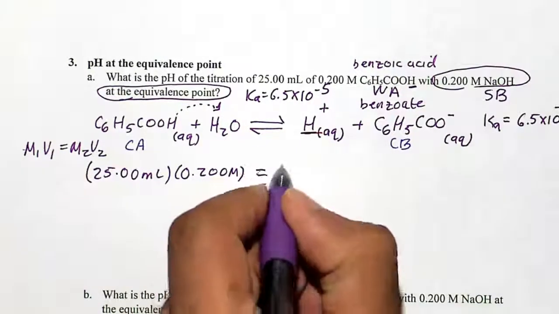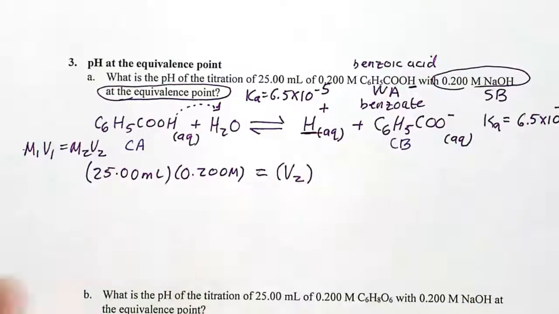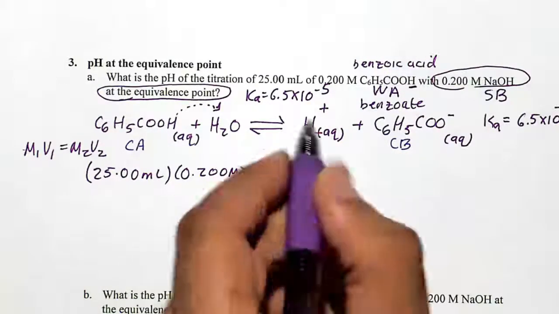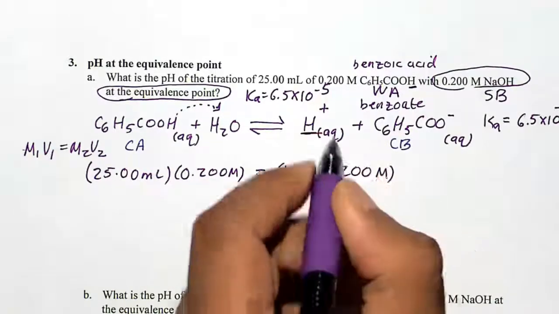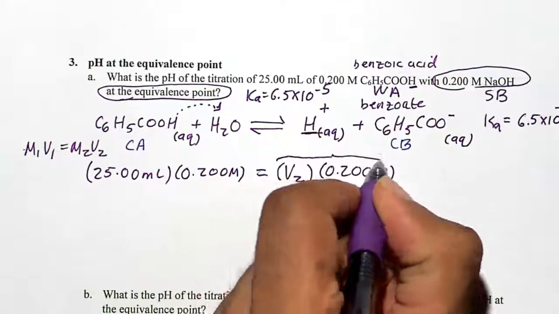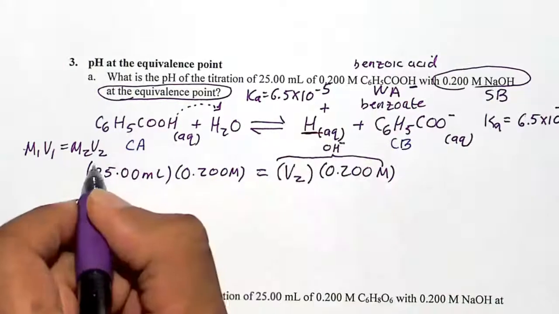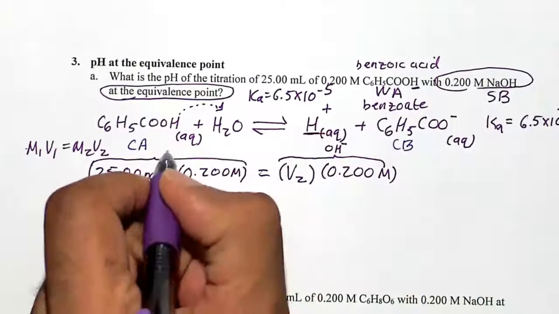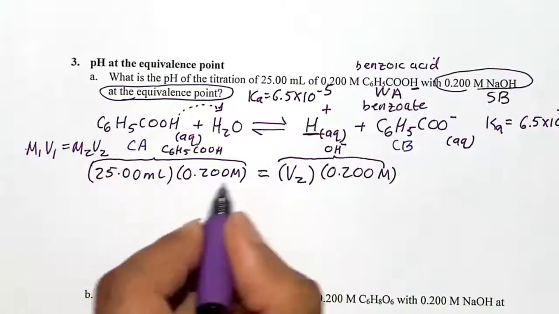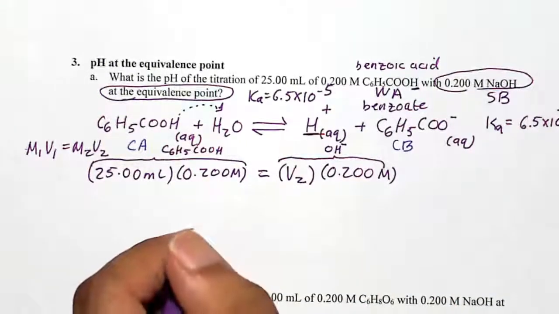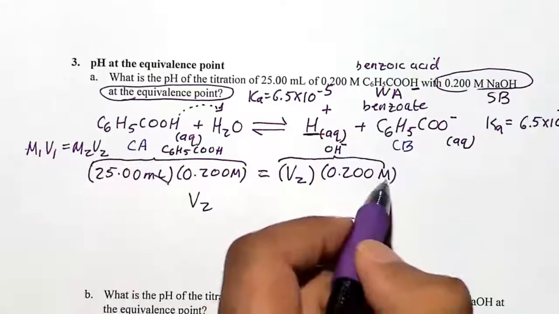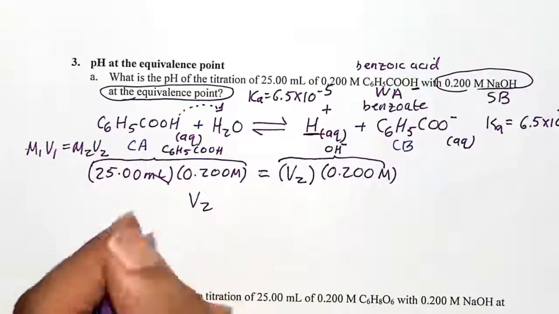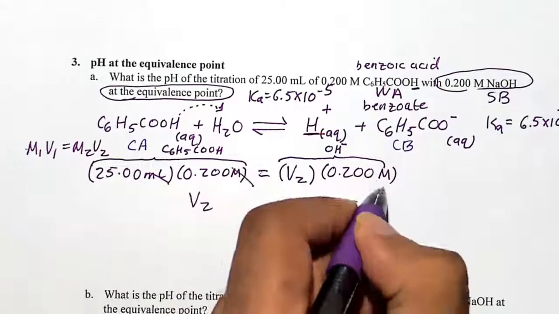So I'm going to solve for V2, which would be my volume of strong base. What's my concentration of strong base that I am reacting it with? I'm reacting it with 0.200 molar. So here is my OH component. Here is my benzoic acid component. The equivalence point, these two must equal to one another. And when you do that, you'll notice that the mL will not cancel, but the molar will cancel.